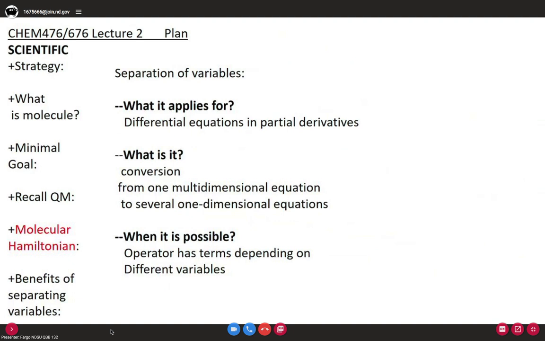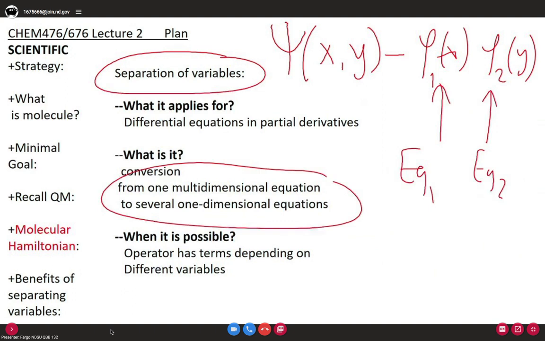It's not always possible, but if it is possible, then things become much better. So it's going from, if we have 10 grid points, 100 grid points total to 20 grid points total, if this is possible.